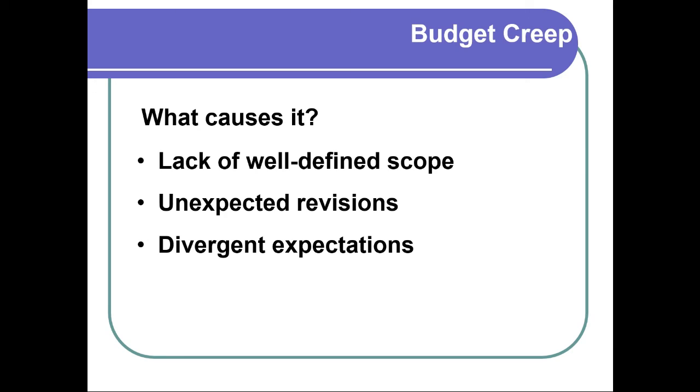Oh, we thought when you meant interactive, it was multiple choice questions. Oh no, when I said interactive, I meant virtual reality. Everybody knows interactive means virtual reality, not multiple choice questions, right? Well, everybody might not know that. So if you don't spell that out in your statement of work or your proposal, you're going to definitely have divergent expectations and nobody's going to be happy.